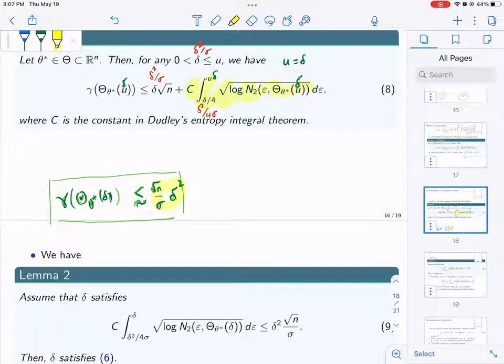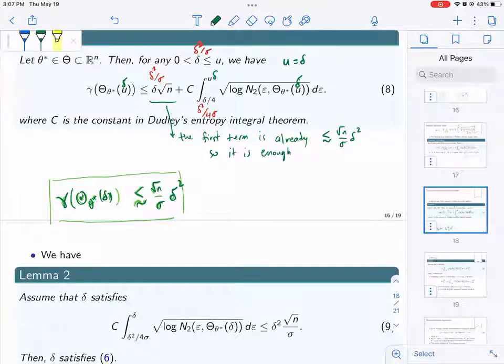Okay, so with the way that we constructed it, the first term is already less than or equal to root n sigma delta squared. So it's enough to have c integral delta squared over 4 sigma, and then delta here.